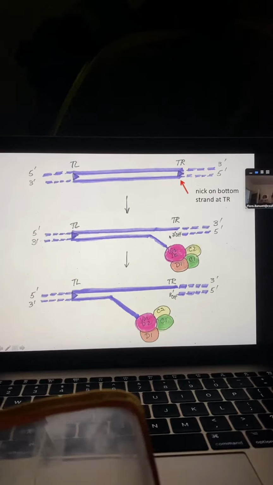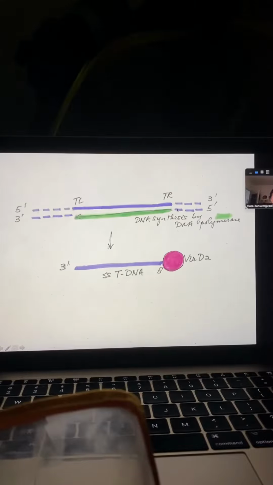It's going to immediately start filling this, copying the top strand, and at the same time helping to peel away this strand that is attached via the complex with these other proteins. Okay, so you have DNA synthesis.